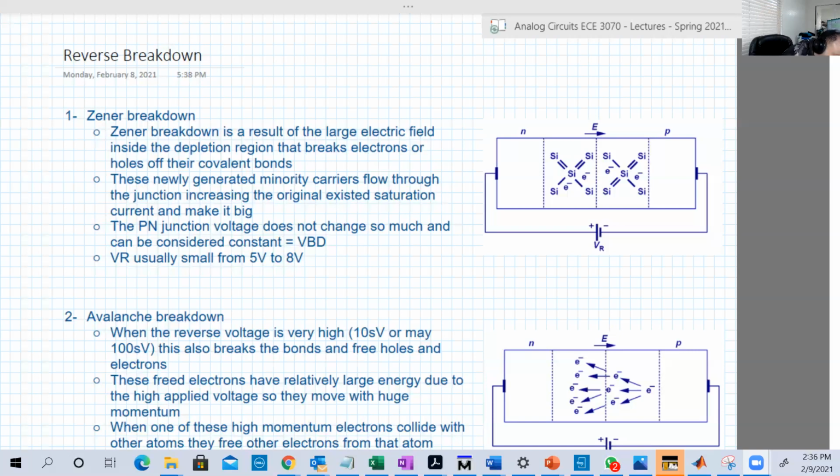As you see, guys, these electrons here are free due to this reverse voltage. So in that case, the reverse voltage is larger than or equal to what's called the Zener breakdown voltage, which is usually small, maybe 8, 15, something in that range.